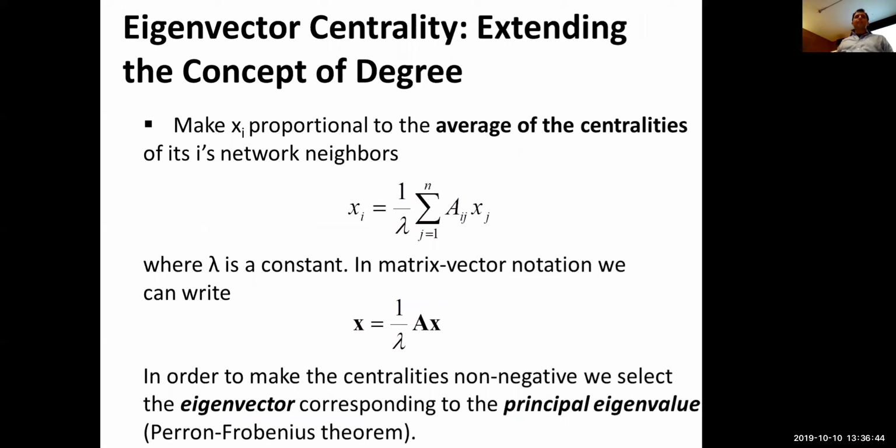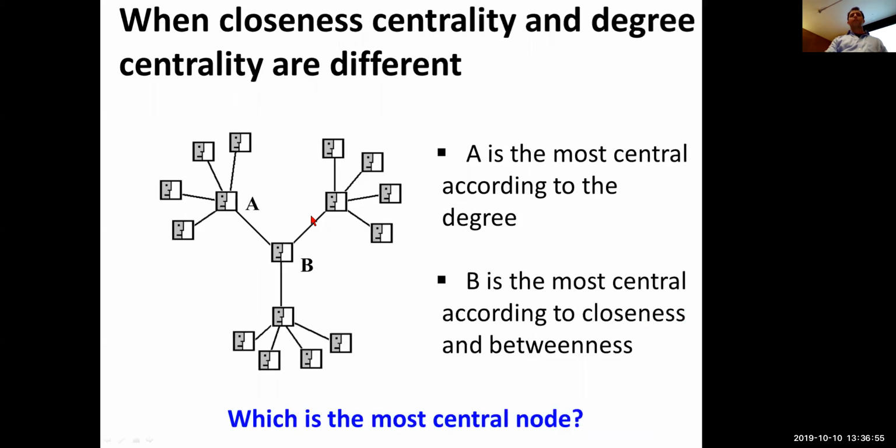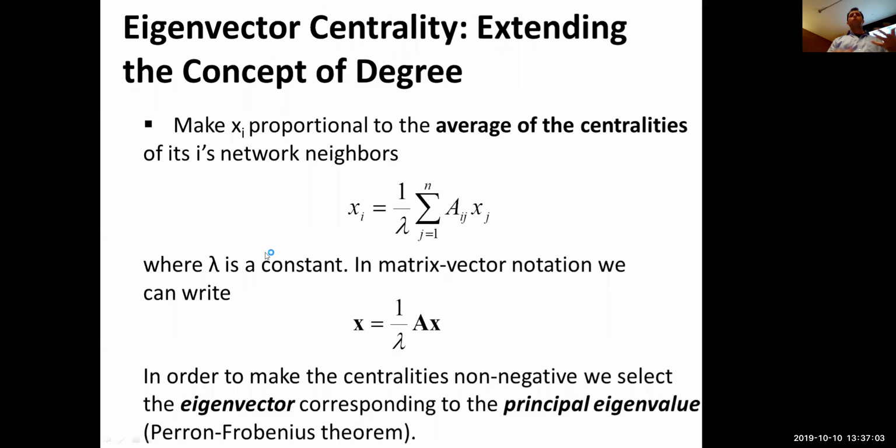Another measure of centrality is the eigenvector centrality. You can make xi proportional to the average of the centralities of all the neighbors. So instead of looking at each node in isolation, I'm going to say, if I flow information from all of the neighbors to all of the neighbors, what is the total centrality of all of those nodes?